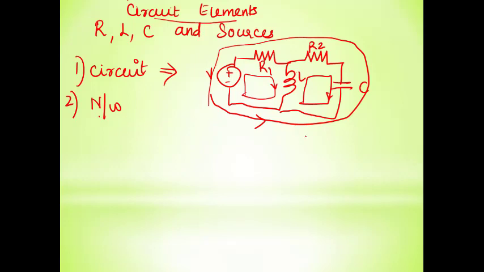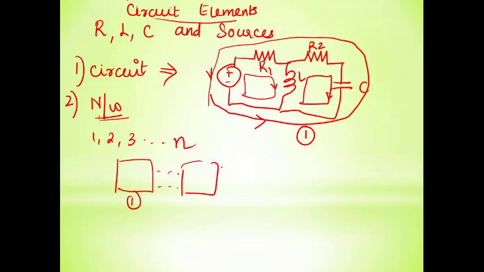Network is nothing but, let me take this as circuit number 1, you have quite a large number of circuits, namely n circuits starting from 1, 2, 3 up to n, connected together. Like that, it goes on and on, and we cannot say that it may form a closed path.